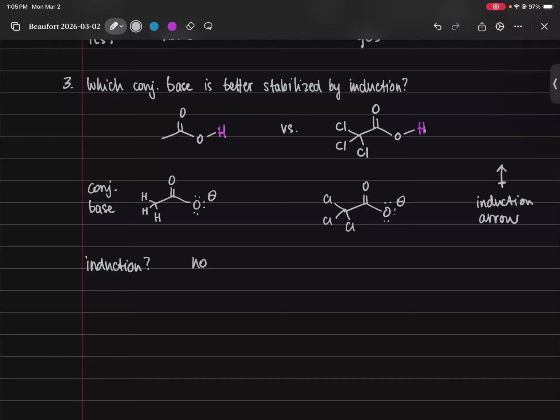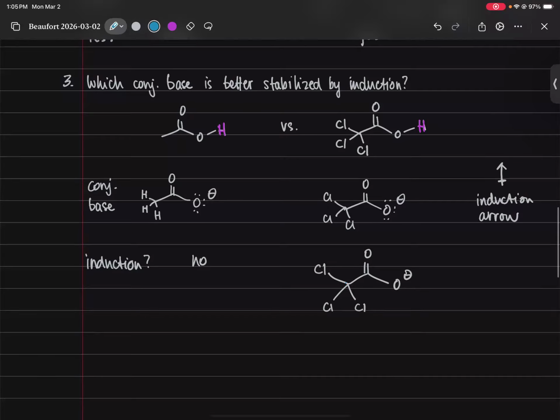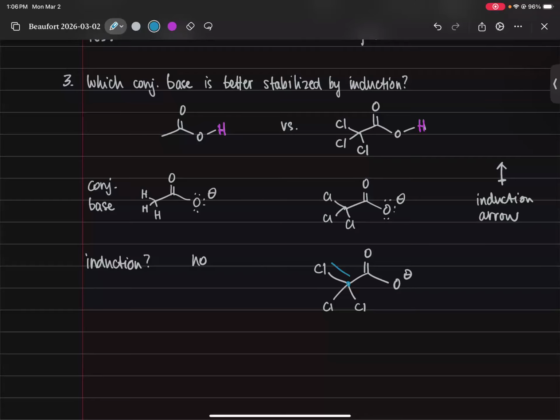So chlorines. There's a carbon in the middle here, and each of these carbon-chlorine bonds has an induction arrow pointing toward the chlorine.